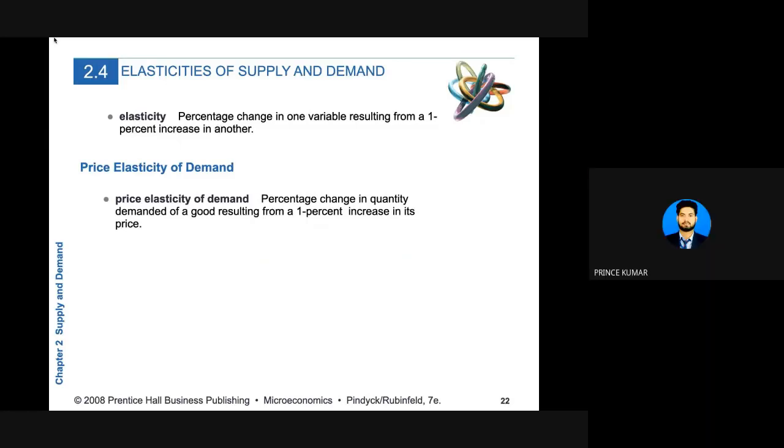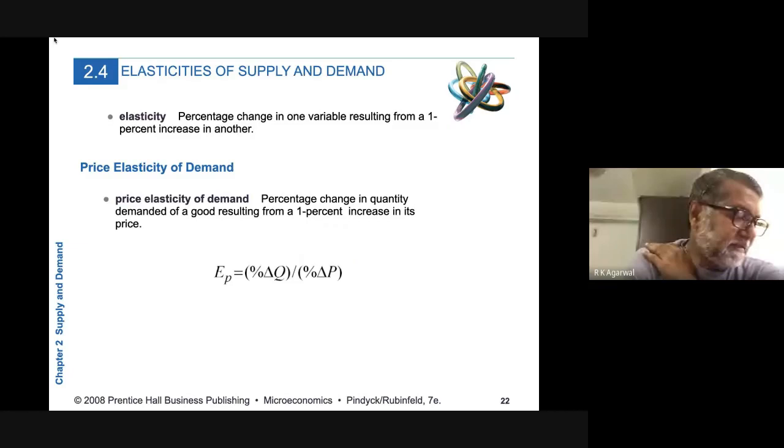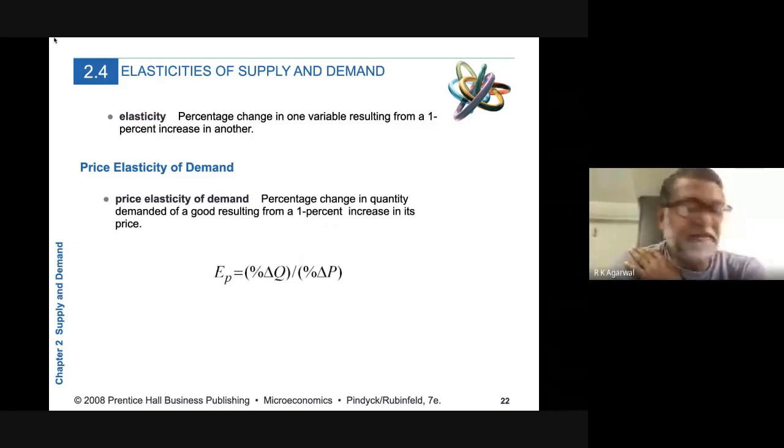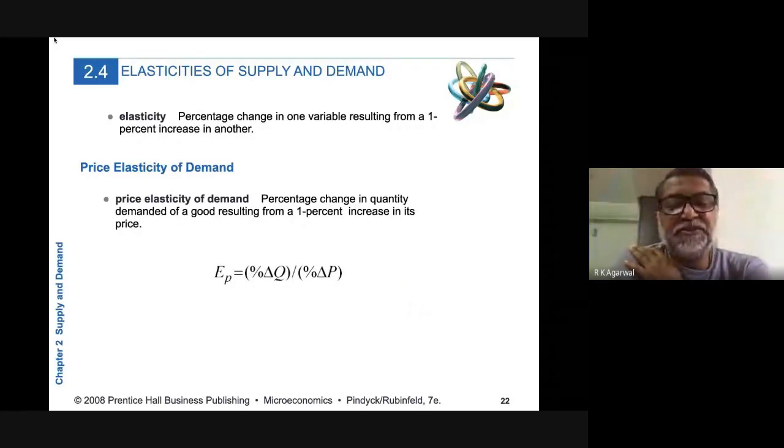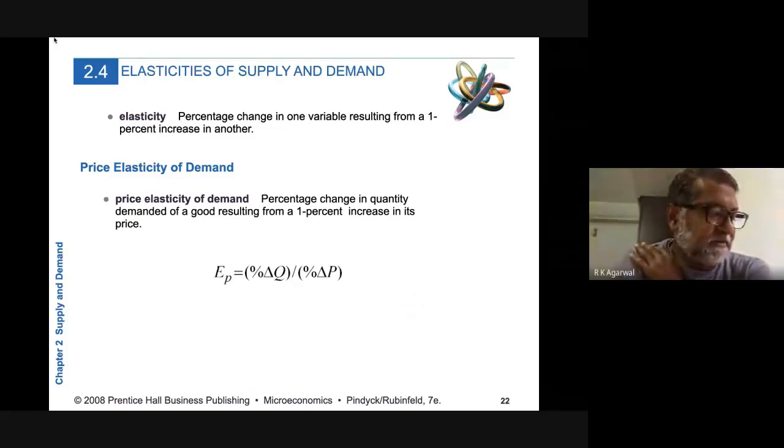Next. So whatever we have stated so far is written symbolically here. Instead of a small e, what are we denoting elasticity with? Capital E_P. And percentage change in quantity divided by percentage change in price is how we define the elasticity.